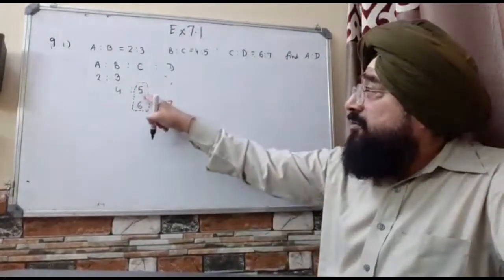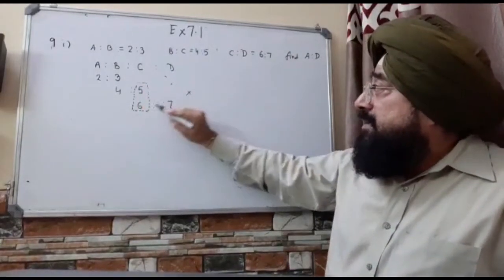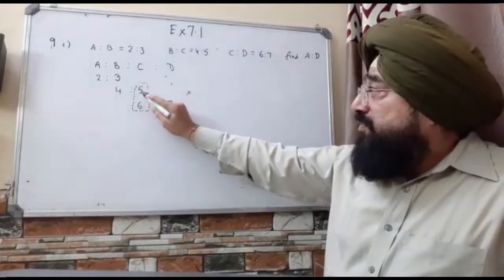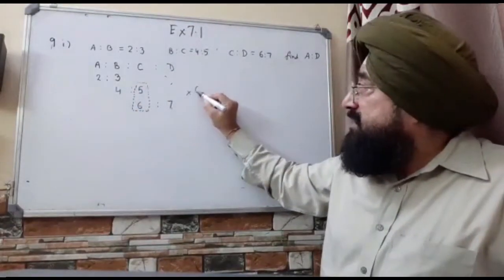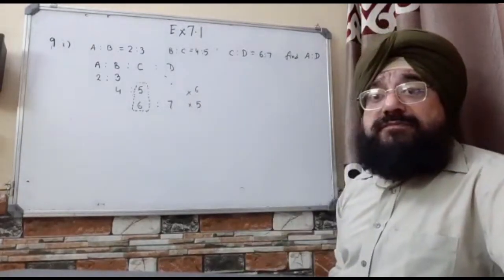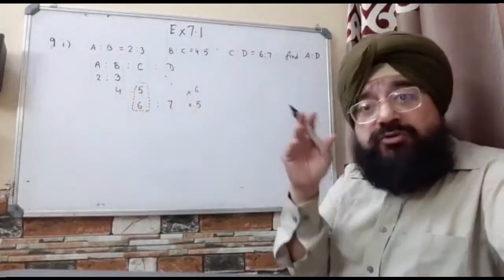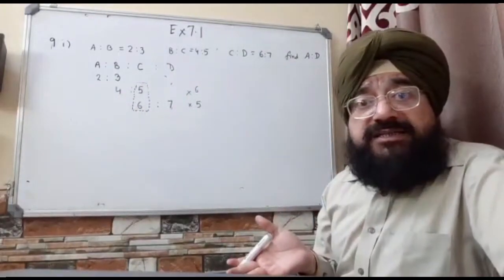If I can just synchronize this 5 with 6, I can do it by multiplying this ratio with 6 and this ratio with 5. See, I am multiplying this entire ratio with 6, meaning both terms by 6, so the ratio will not change.